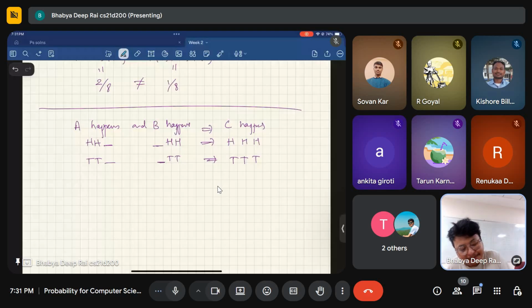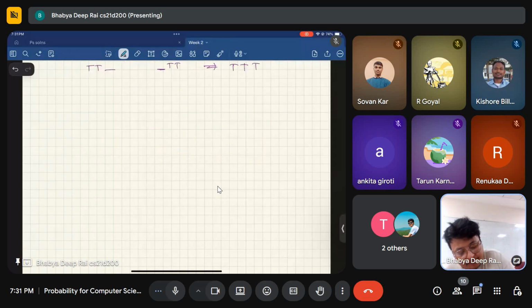So that is the point that I was about to come to. Pairwise independence does not always imply mutual independence.